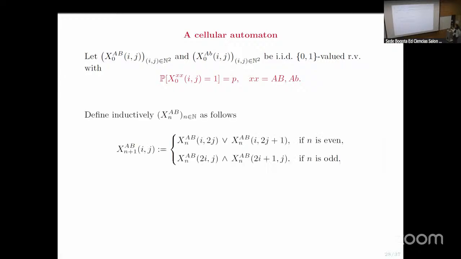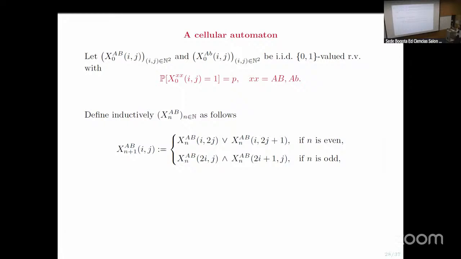I'm going to call this automaton X_n^{AB}. It evolves in deterministic integer times, and you are going to see why I'm calling it AB, because it has a relation with the game that I just introduced. How are the rules? Depending on whether n is even or odd, I'm going to define this group.